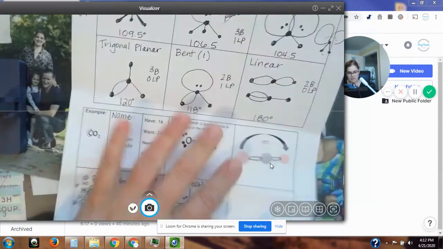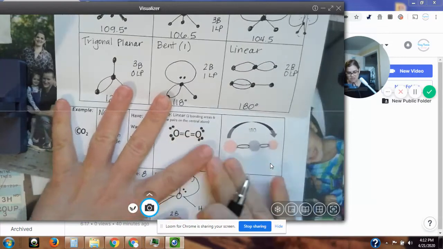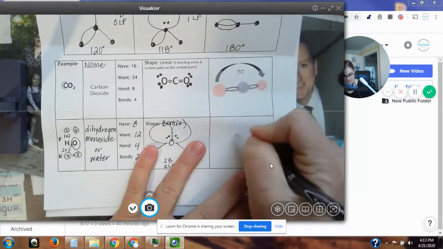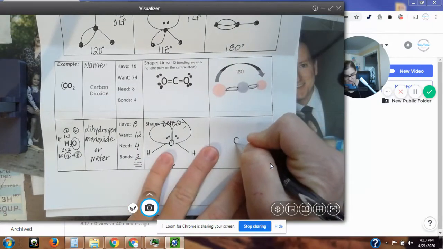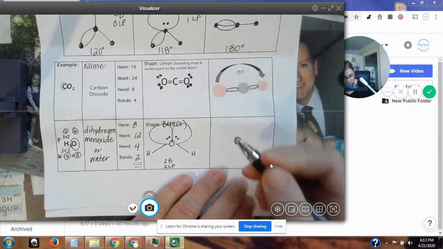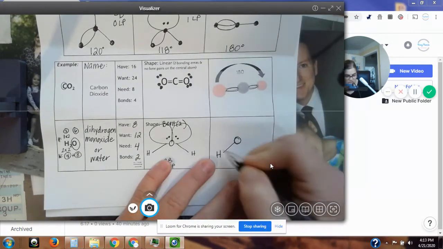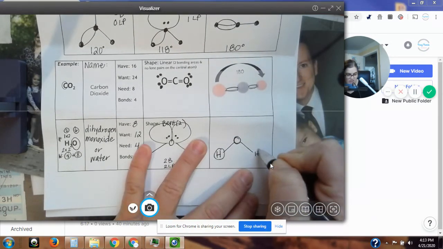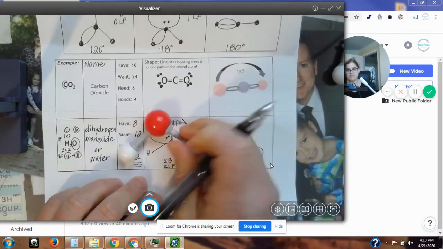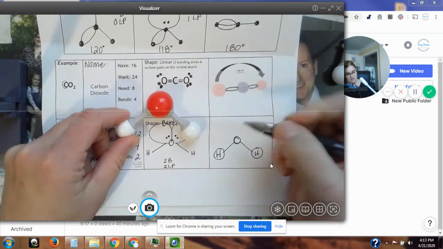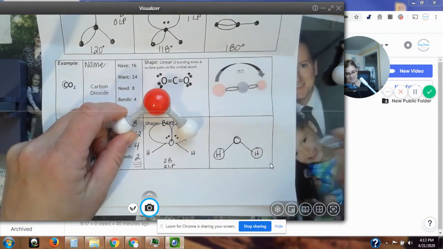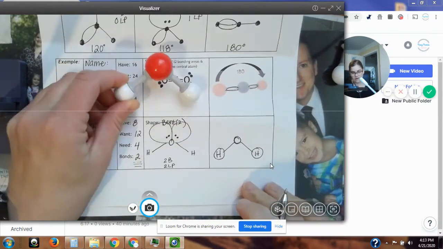Now I'm going to recommend that you go to the 3D simulation to best do this, but it's nice to see if you can get it on your own. So this is going to be my oxygen here, okay? And then it's going to be my hydrogen here, my hydrogen here. Now, that looks like this. And I'm telling you, there are 2 lone pairs up here. So some people like to draw the lone pairs in. It's not required in the final model.